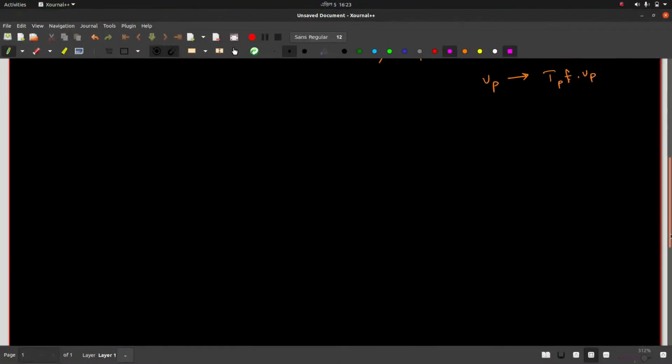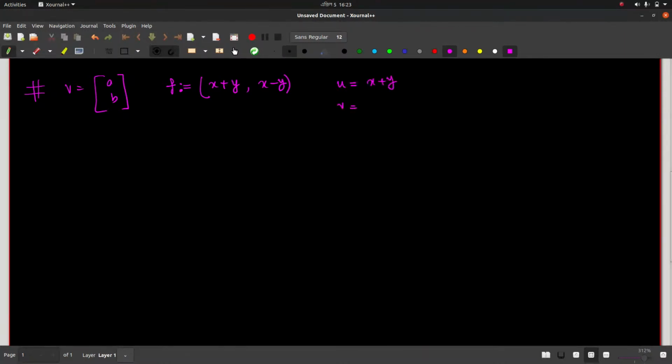So now let's say there is some vector v_p with components a and b, and let's say our function is such that u = x + y and v = x - y, right? So what it does is it takes some point on the x and y manifold, or the manifold M, and it maps those x and y's into x + y and x - y respectively.